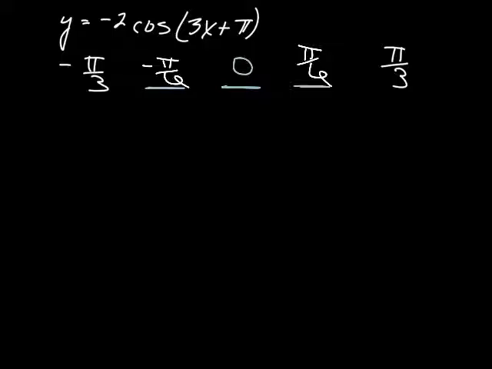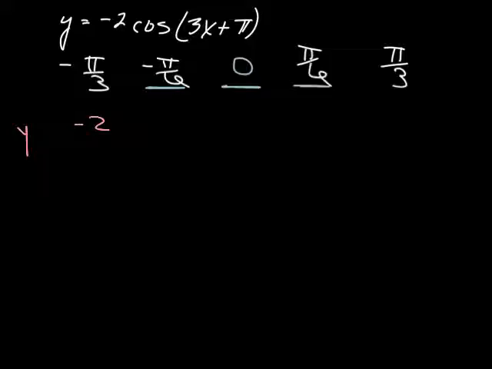Alright, so those are my x values. Now I'm going to take negative pi over 3 and put it in here, multiply it by 3, add pi to it, take the cosine of it, multiply it by -2, and I'm going to get a y value of -2.